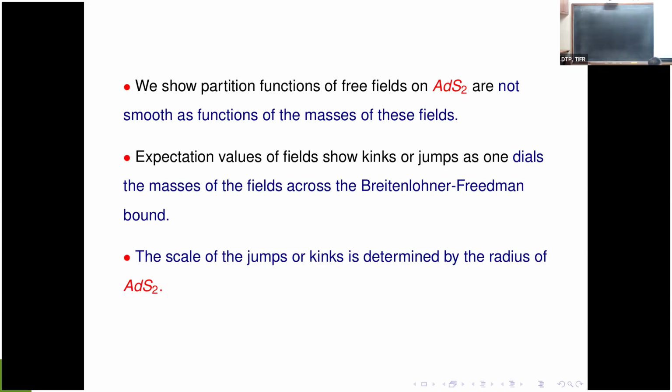Expectation values of these fields show kinks or jumps, especially when one dials the masses across the BF bound. The scale of these jumps is different from that of a field becoming massless. The scale of these jumps or kinks depends on the radius of AdS2.